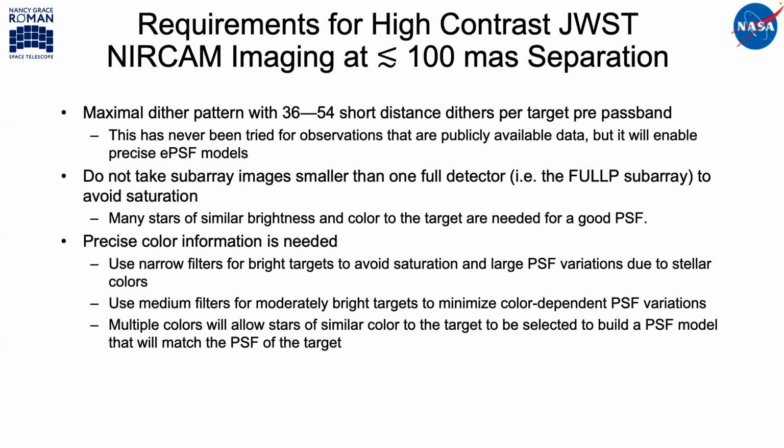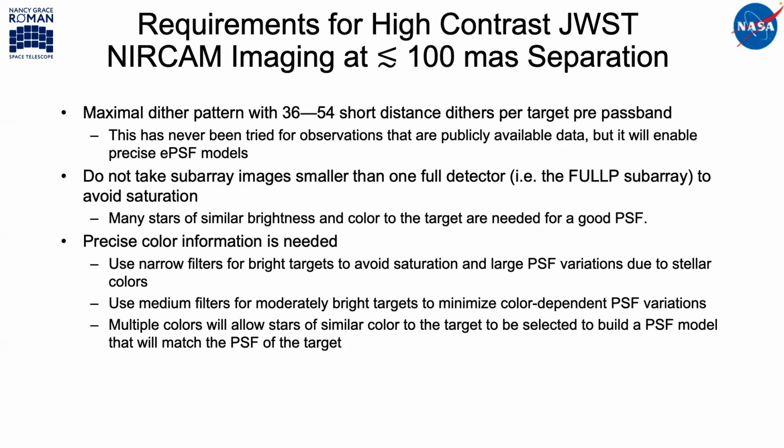Also, it's good to use not those filters I showed, but the narrower ones. There are medium filters and then very narrow filters. And by going to the narrower filters, you can still take images of bright stars with a full chip field without having to stop that field down to make the reads faster.